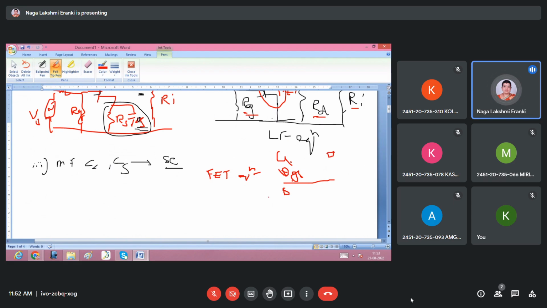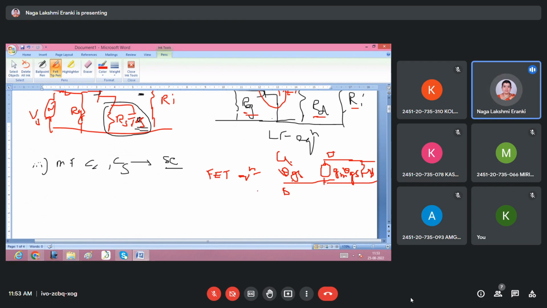So the input resistance is very high and it is open circuited. When it is open circuited, the input is coupled to the output through a dependent source. Here the dependent source is GM VGS, and then the output resistance small RD. This is the equivalent of the FET.